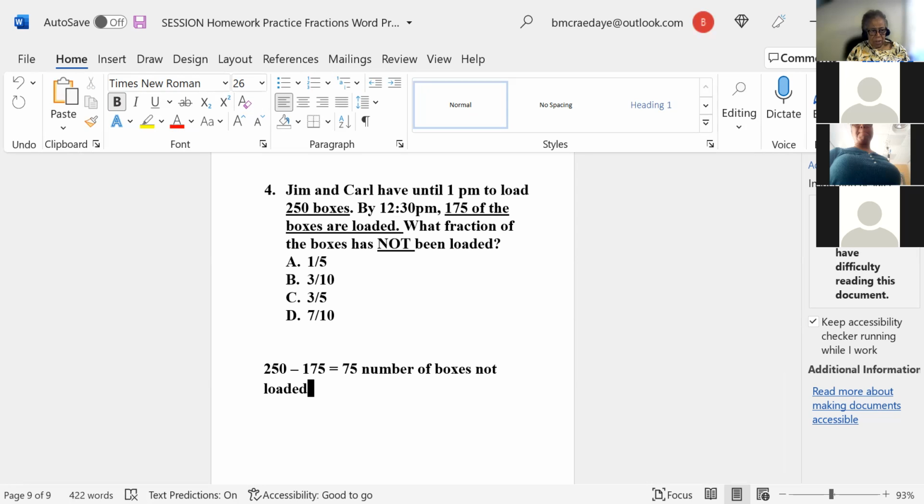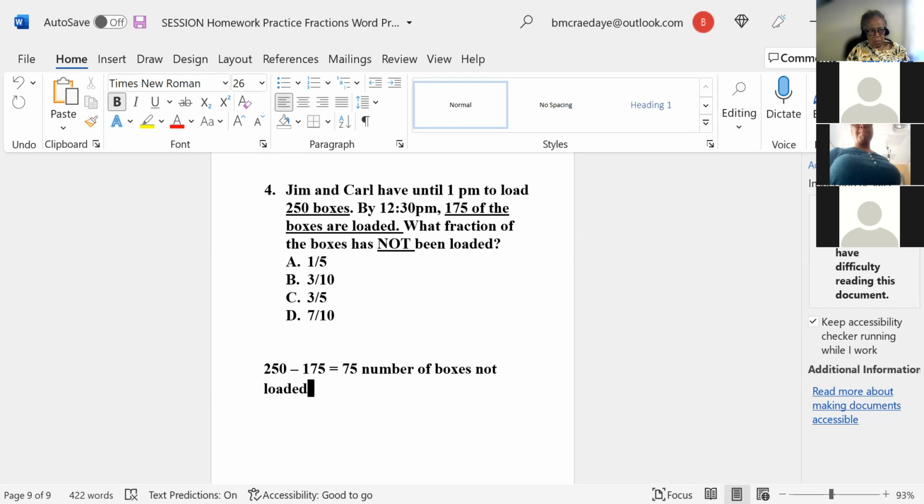Mercedes, try. I try to turn the 75 into a fraction. So how do you do that? What's the part over the whole?